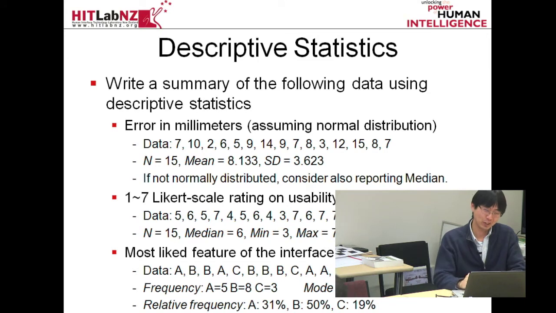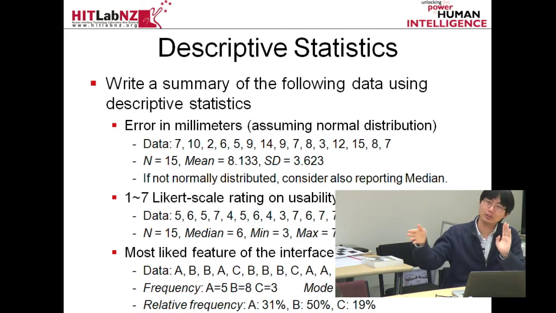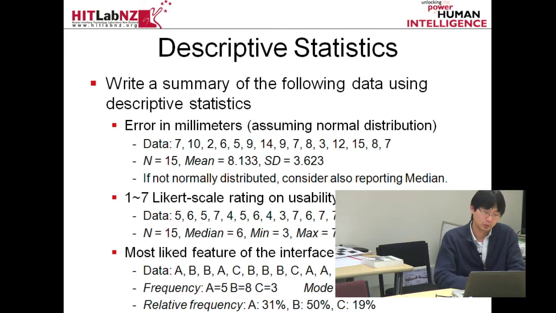Sorry. So a rating from 1 to 7 has an order, so you can order them from 1 to 7. So definitely you can say 2 is better than 1. But the difference between ordinal and ratio or interval data was that we cannot guarantee the distance between the two levels is equal.